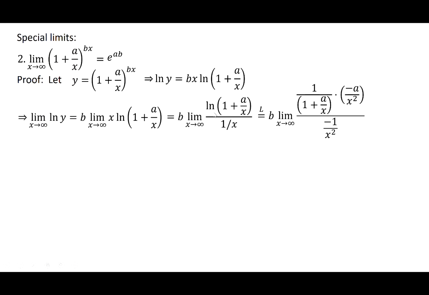And so we have natural log of 1 plus a over x. The derivative is 1 over 1 plus a over x times the derivative of 1 plus a over x itself. Chain rule. The derivative of 1 plus a over x is, the derivative of 1 is 0. The derivative of a over x is negative a over x squared. Okay.